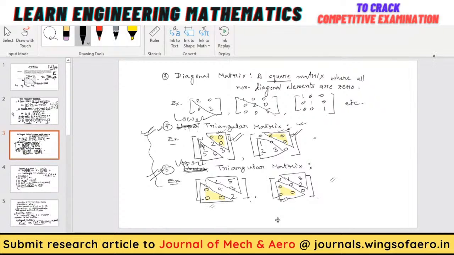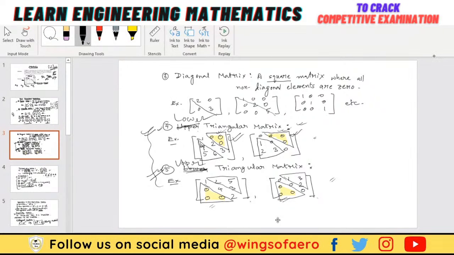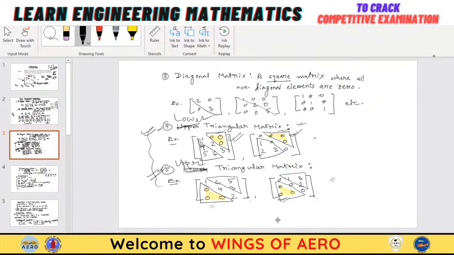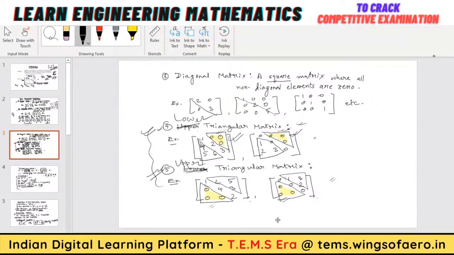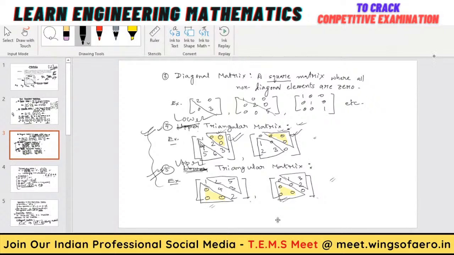Yes, you're right. Upper triangular means lower will be 0. So this forms a triangle; I'm getting confused, just lower is upper and it is converted. Whatever it is, just divide this matrix into two parts.